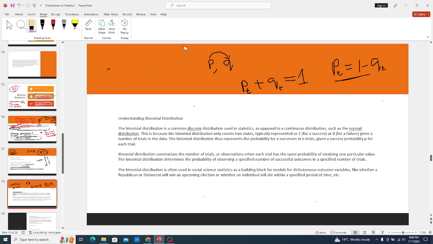So here P will mean the probability of success, then Q will be the probability of failure.